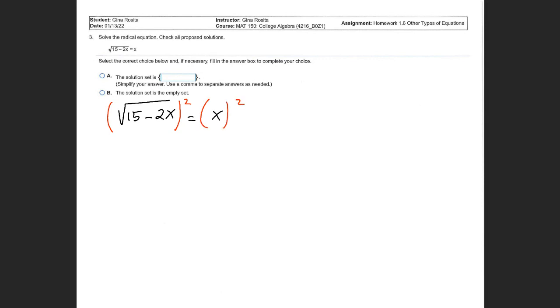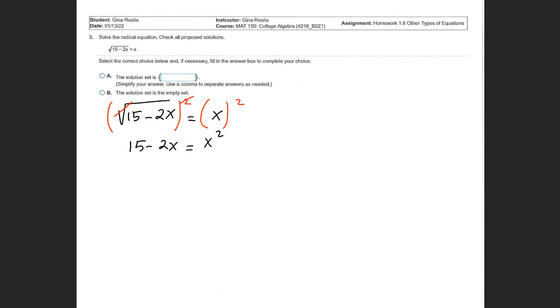Okay, so now we can solve. It's not hard because there is no square root. This cancels, yeah, cancel. So the answer becomes 15 minus 2x equals x squared.